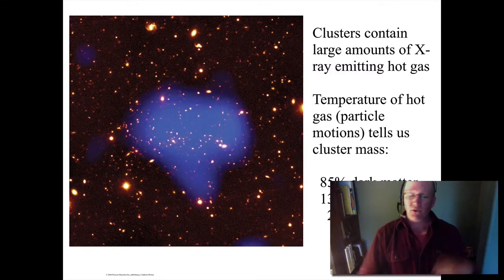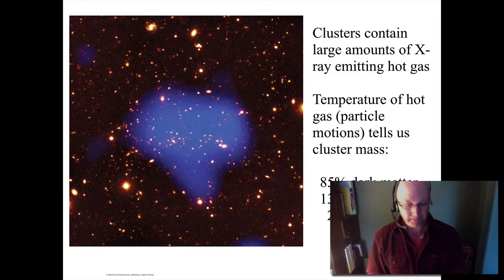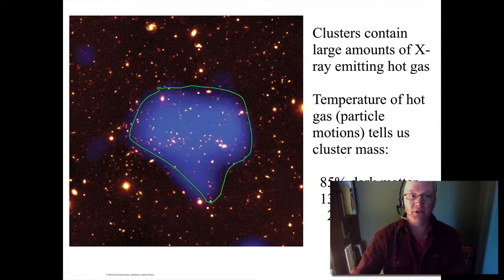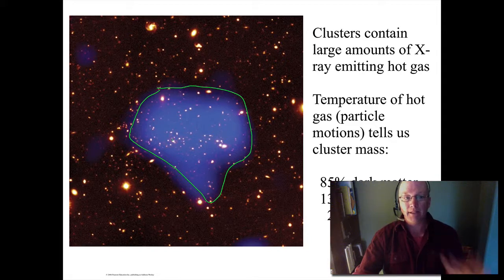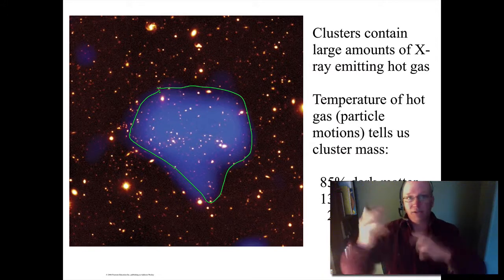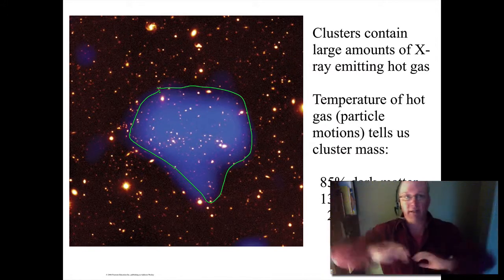One other piece of evidence, just in case you didn't have enough at this point, we can look at the temperature of gas in these clusters. So this is looking at X-ray emission, and X-rays are associated with high temperature materials. The reason that we look at the high temperature is because you need a lot of gravity to keep high temperature gas around, because it's so kinetically energetic that it's just going to dissipate.